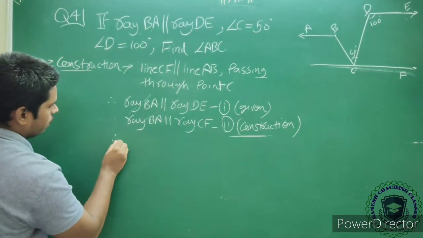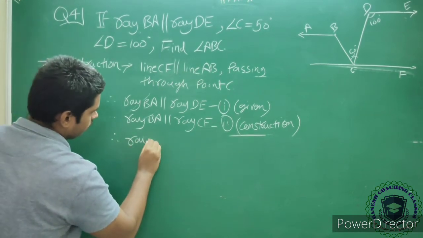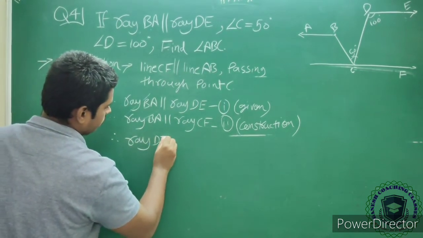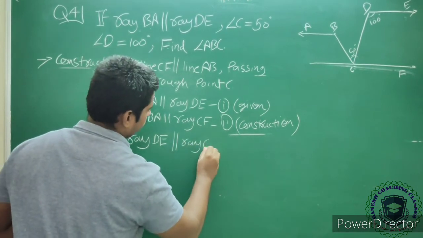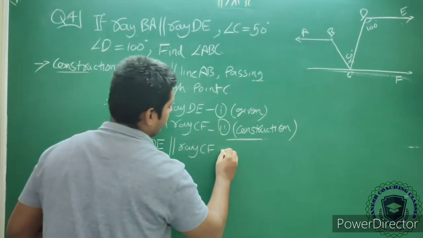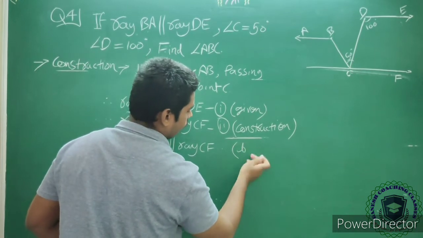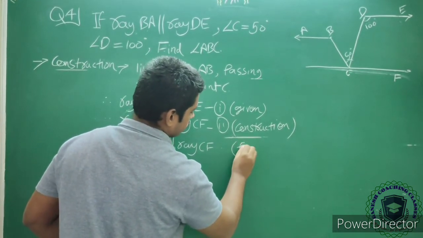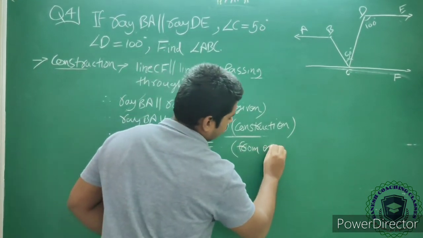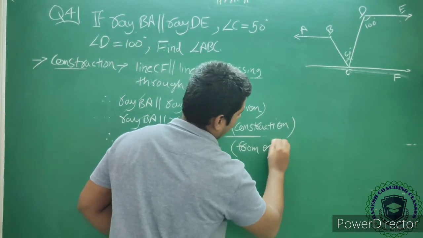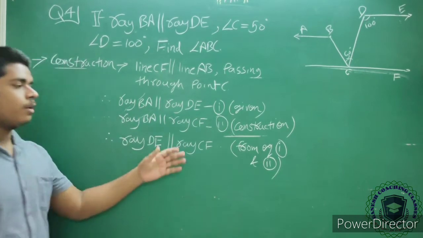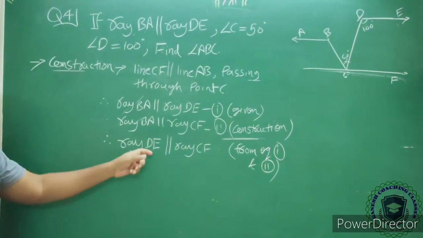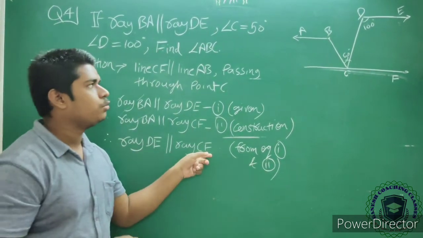So therefore ray DE is parallel to ray CF. How did we get it? From equation 1 and 2 we get that DE is parallel to CF.